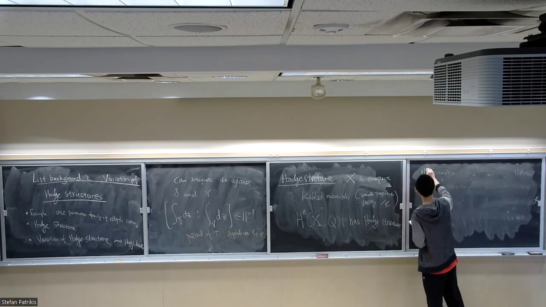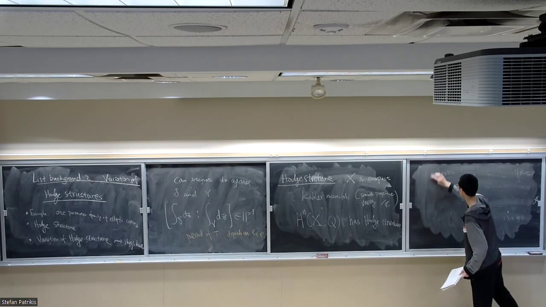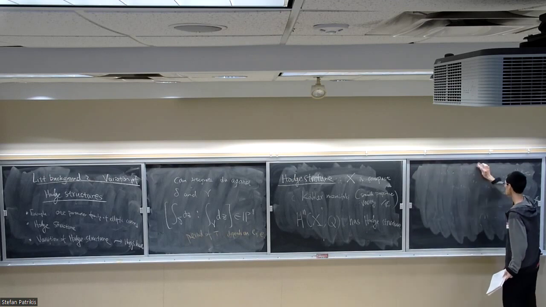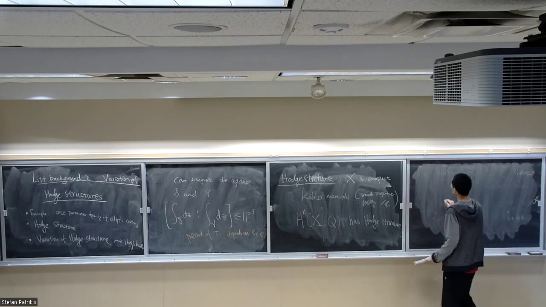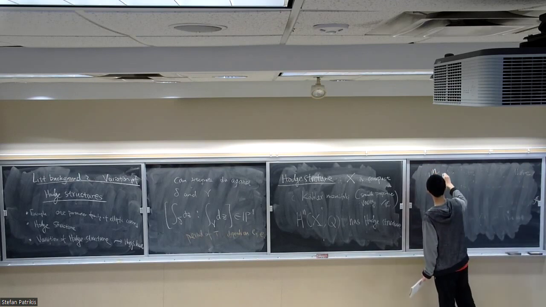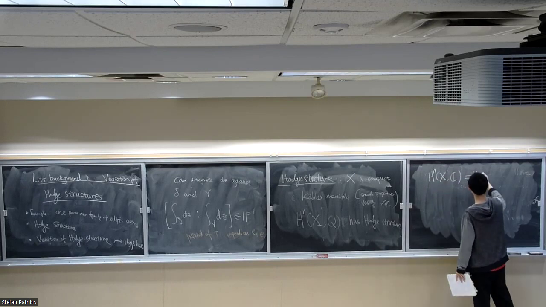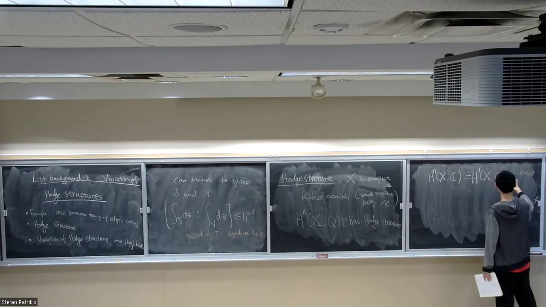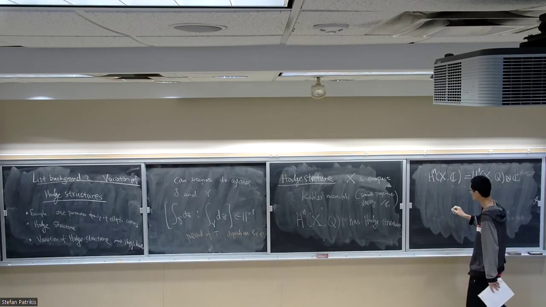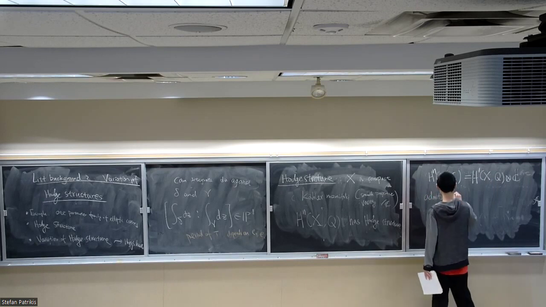So if you take H^n(X, C), that means a Hodge decomposition.